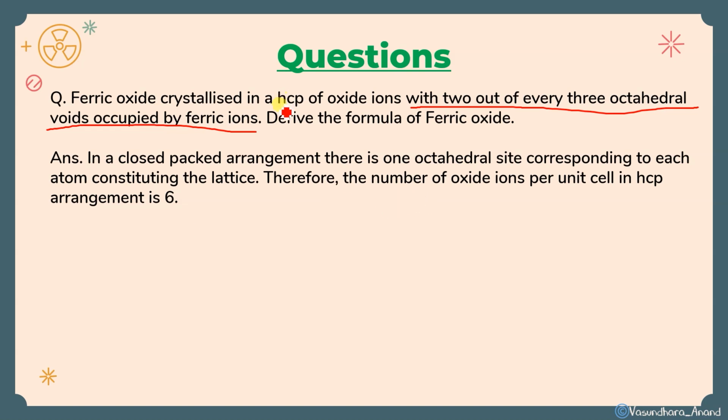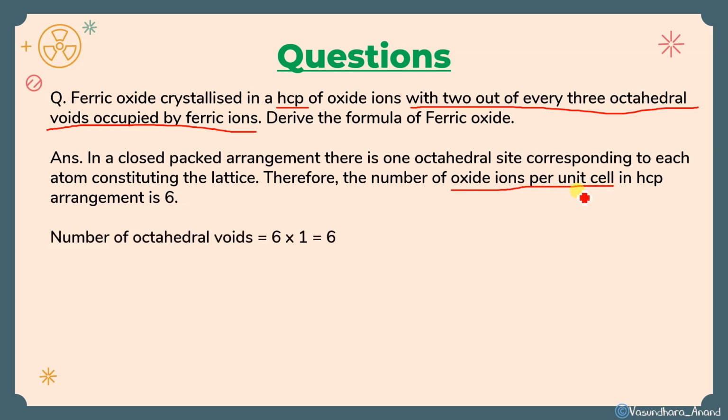This is HCP, not the cubic CCP. So in this HCP, we have to consider that the number of atoms will be 6, that means the oxide ions per unit cell will be 6, at the corners and the parts there.